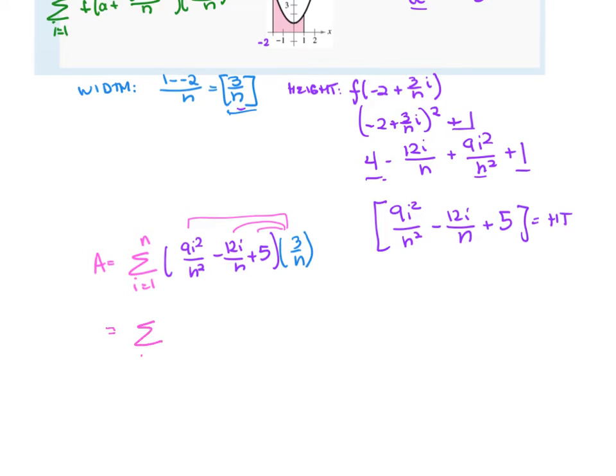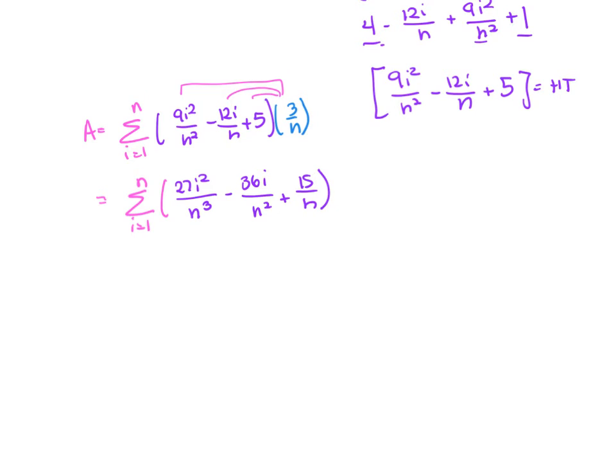So this will become the sum from 1 to n of 27i squared over n cubed minus 12 times 3 is 36i over n squared plus 15 over n. And then let's split it all apart. So we're just going to keep the i squared here, i there, and then we'll have a 1 here.